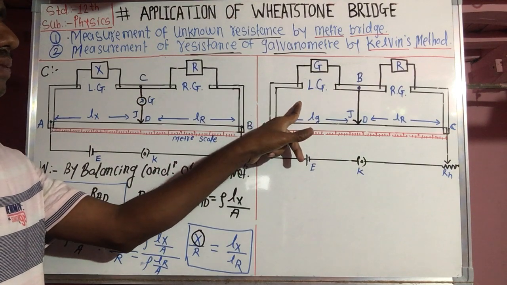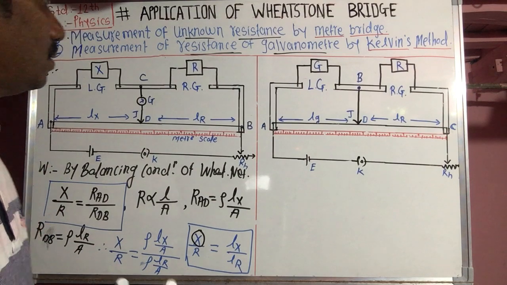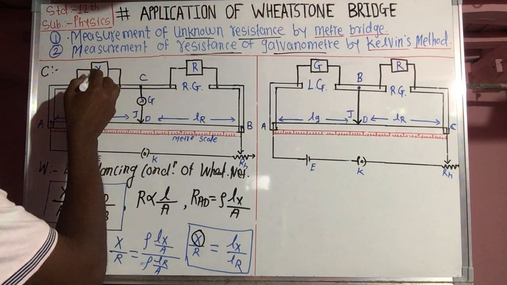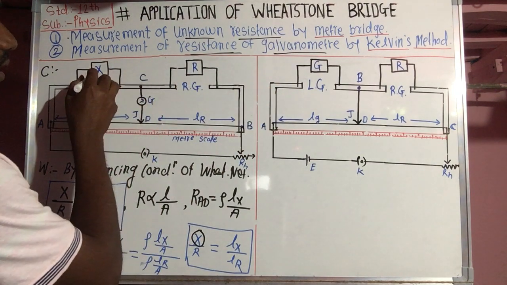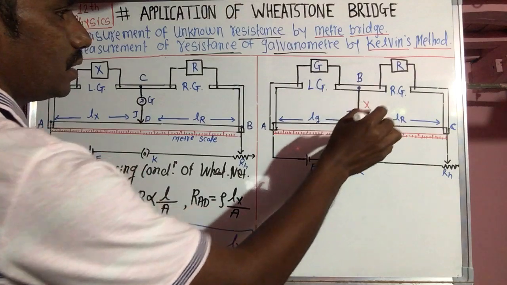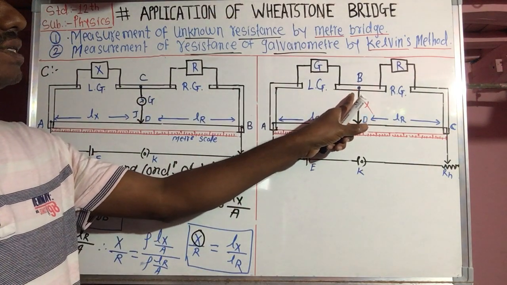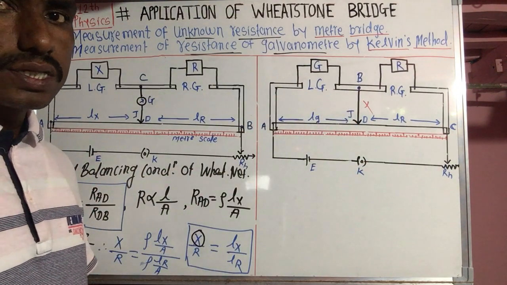So this is Kelvin's method. See what change there is here. The galvanometer replaces X totally. That means the galvanometer is connected in the left gap and is removed from here. So B is directly connected to the jockey. All other connections are the same.